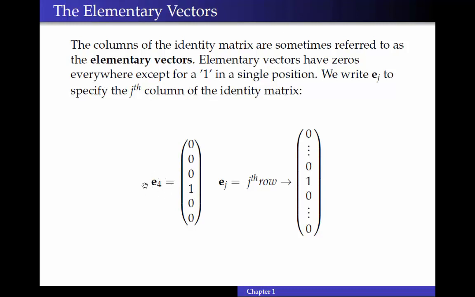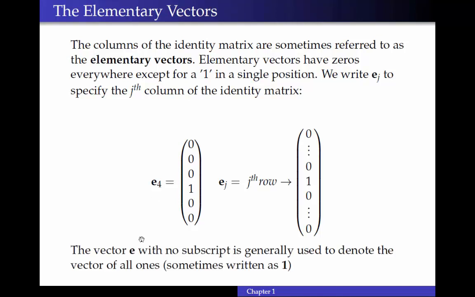Now, in this case, I haven't actually specified how long this vector is, so we have to find that out from context, or it will be specified using some of the notation that was listed before in the previous tutorial. If we use the vector e, boldfaced e with no subscripts, that's generally used to denote a vector of all ones.